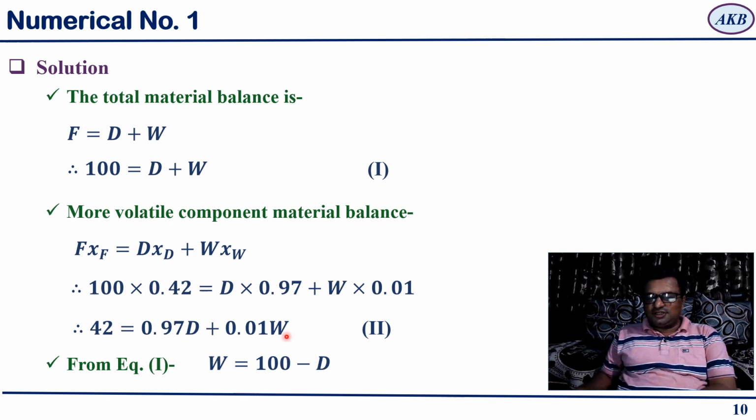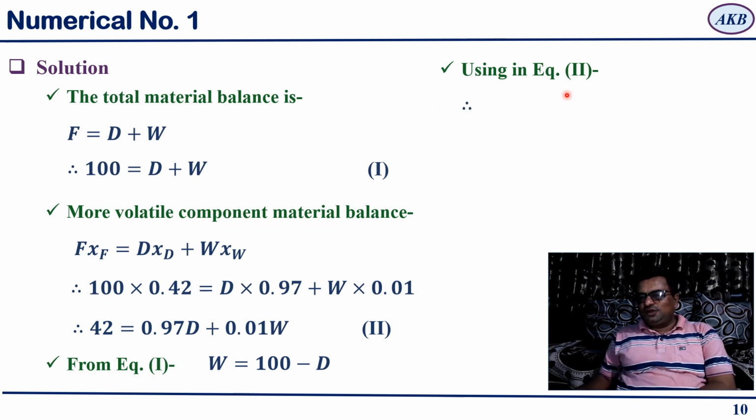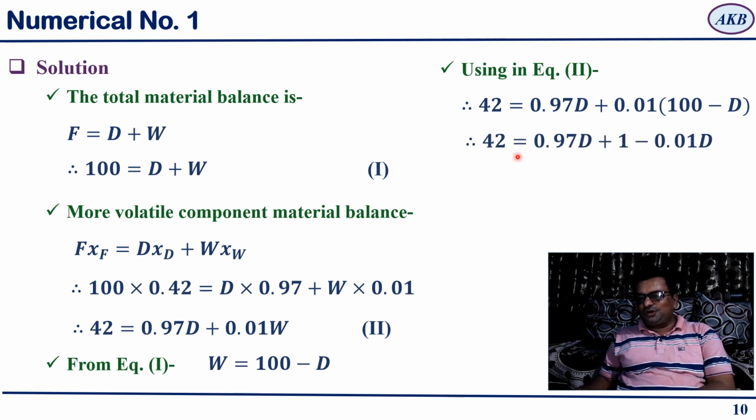So wherever there is W in equation 2, I will replace it with 100 minus D. So if I use it in equation 2, I have 42 is equal to 0.97D plus 0.01, now in place of W, I have written 100 minus D. Further we have to simplify it. So it will be 42 is equal to 0.97D plus 1 minus 0.01D. Okay, 0.01 into 100 is 1 and 0.01 into D is 0.01D.